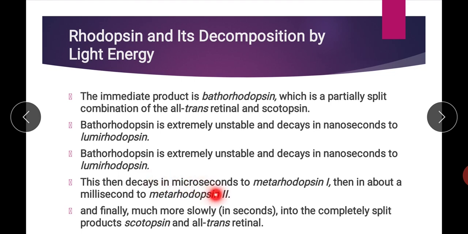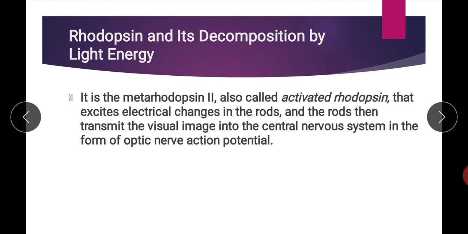This then decays in microseconds to metarhodopsin 1, and in about a millisecond to metarhodopsin 2, and finally much more slowly, in seconds, into the completely split product of scotopsin and all trans retinal.